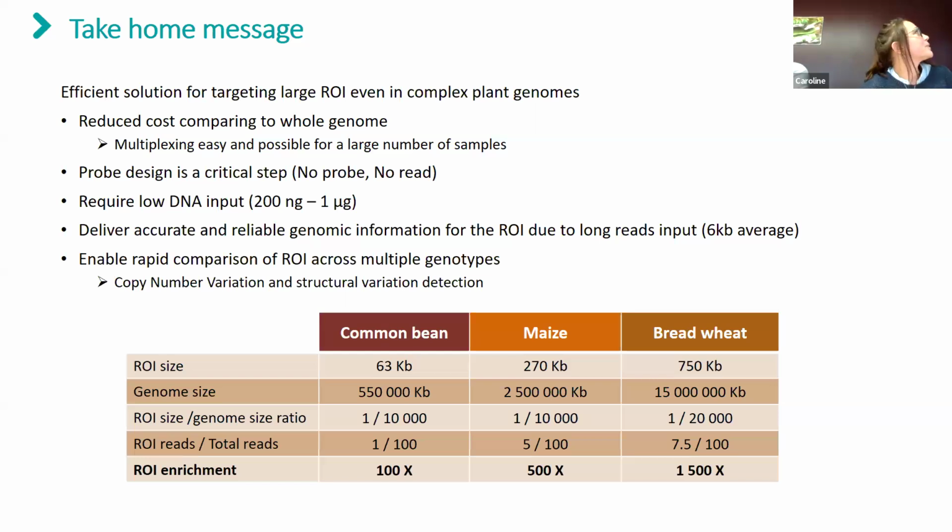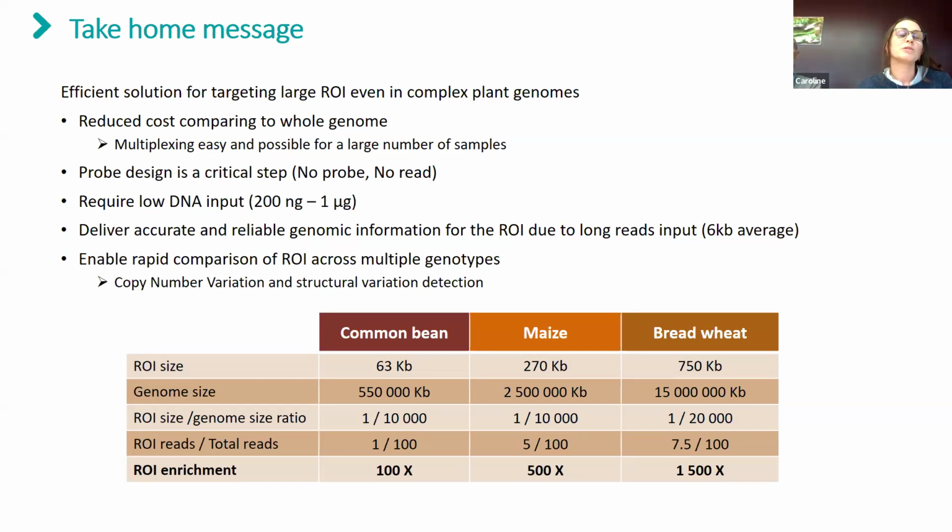And just to sum up, now we have an efficient solution for targeting large regions of interest, applicable across a wide range of genome complexity, from smaller genomes like bean to highly repetitive ones like wheat. Compared to whole genome sequencing, the cost is significantly reduced, in particular due to the ability to easily multiplex large sample sets.